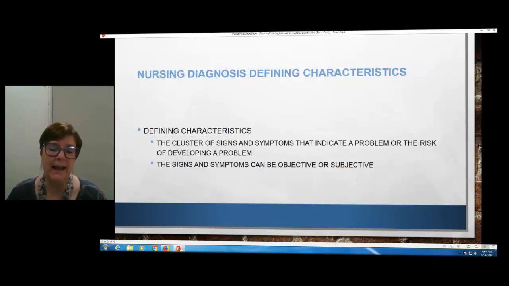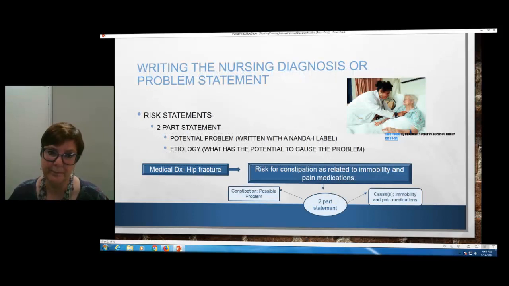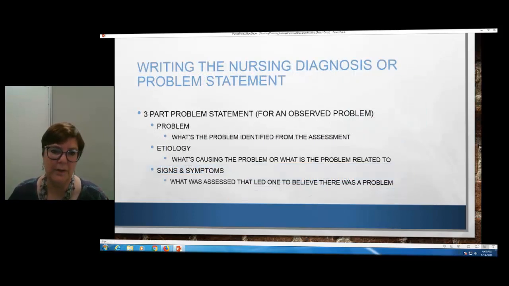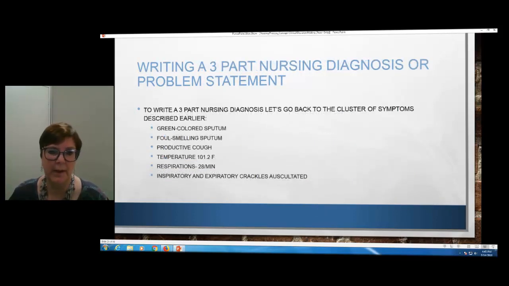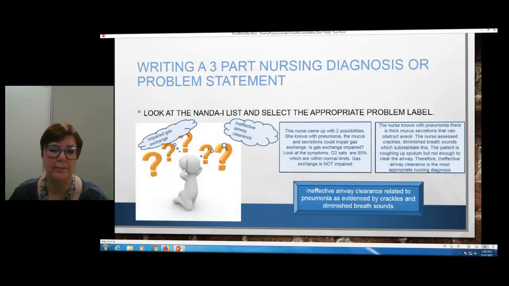So our defining characteristics are the cluster of signs and symptoms that indicate the problem. I'm going to skip ahead to when we talk about writing our nursing diagnoses.